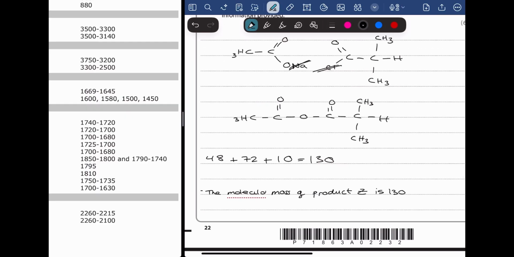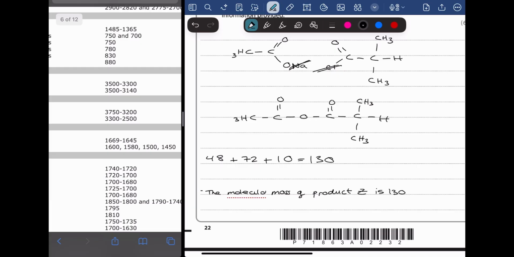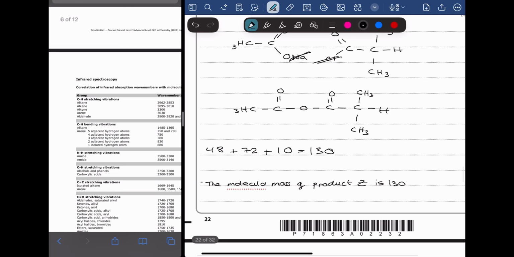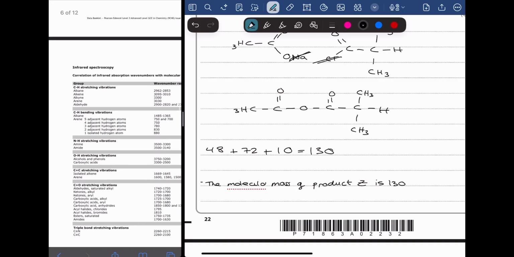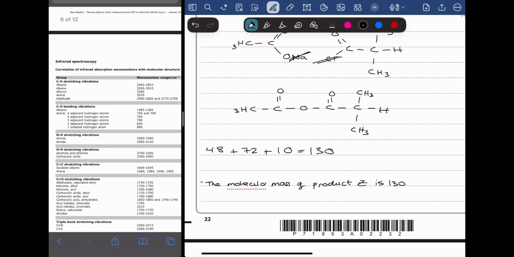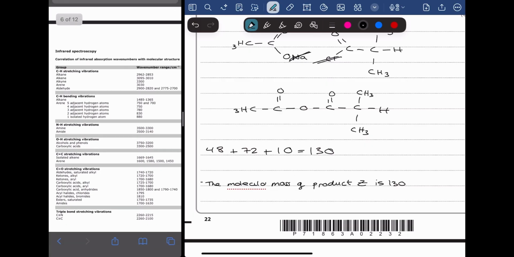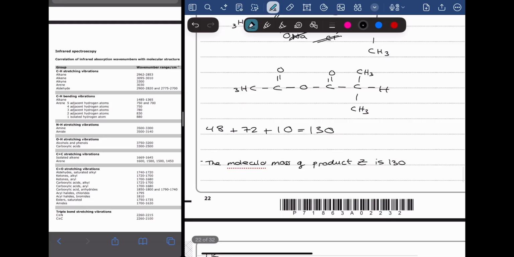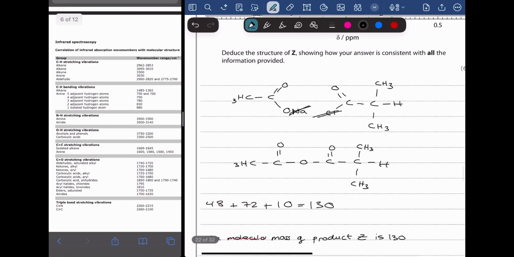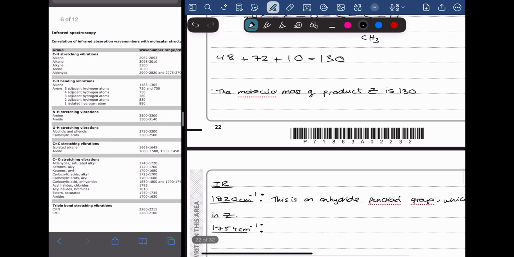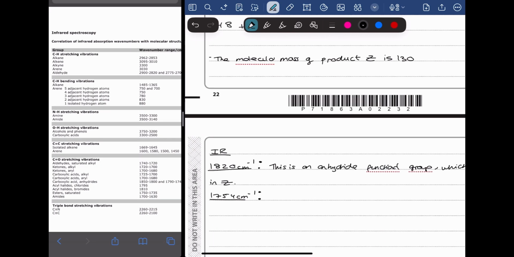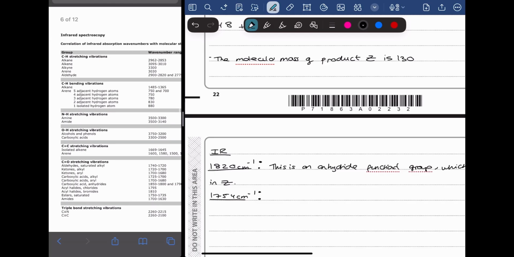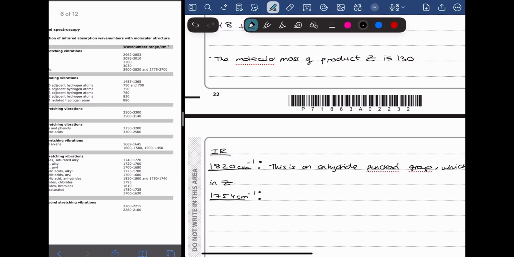So we've done the ether. Now the only other thing I'm really noticing is maybe the C–O bond. Let's see. 1754 is what we're looking for. Let's scan the document, and it looks like, again, it's a C double bond O. If it's a C double bond O and it's 1754, it looks like it would be, again, a carboxylic acid anhydride.